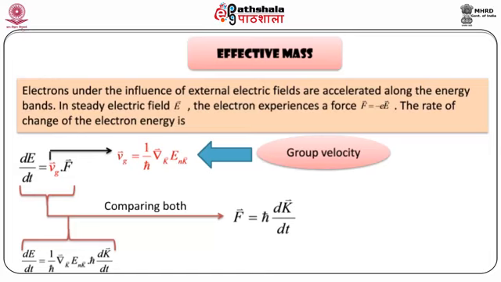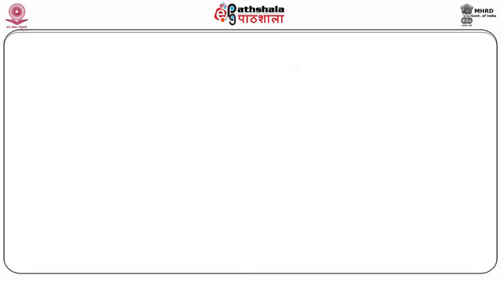Also we have dE/dt is equal to 1 by h cross del of E dot h cross dk/dt. Now making an analysis of the previous equations that we have derived, the force then is written as h cross dk/dt.